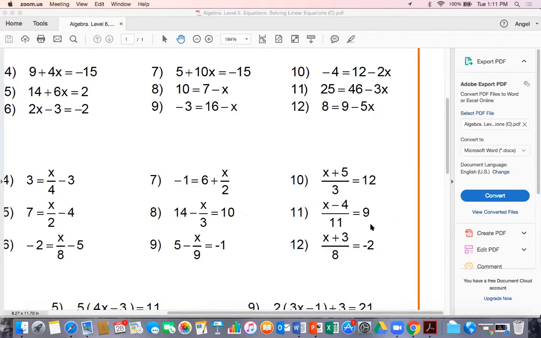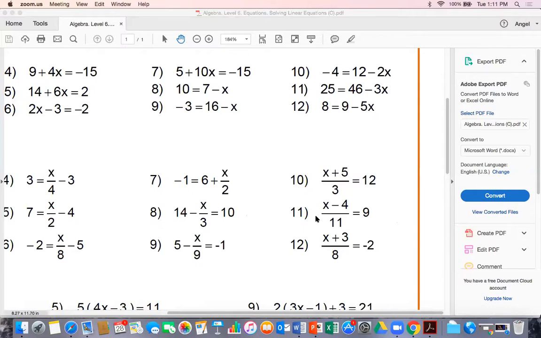Again, it's a similar concept. We do one by one together. Let's look at number 10 first. x plus 5 over 3 equals 12.